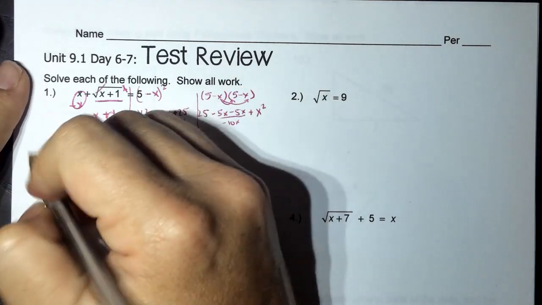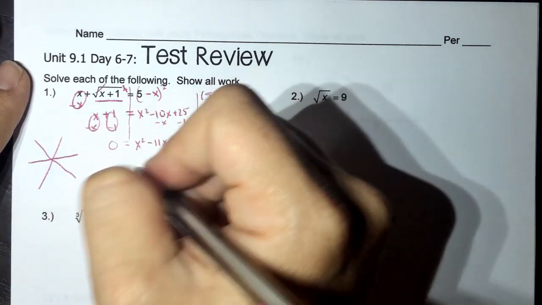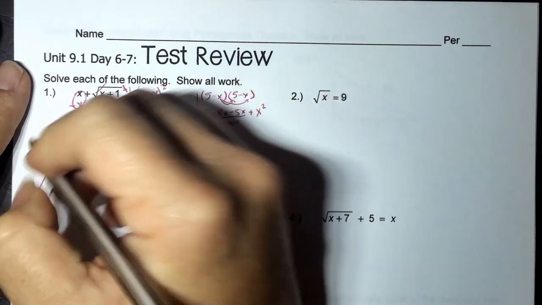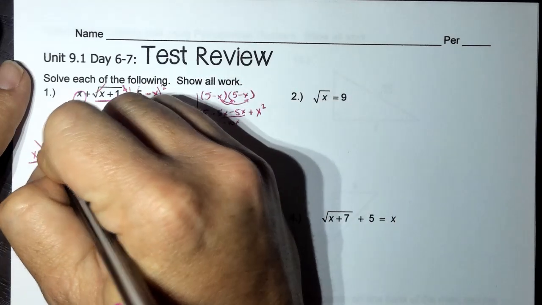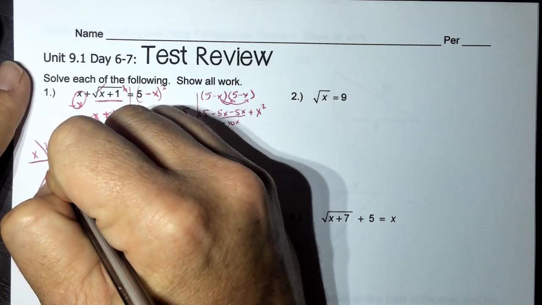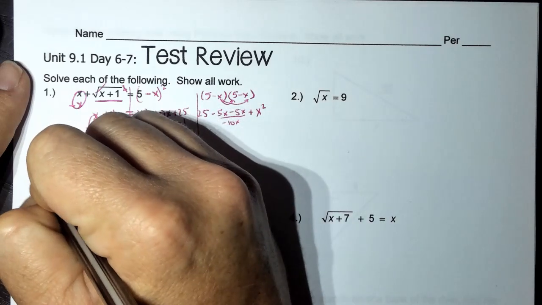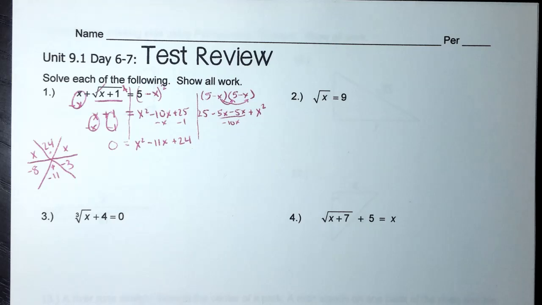So I'm going to go ahead and factor this. And I have b is negative 11, a is x, and then a times c is 24. So it multiplies to give me 24 and adds to give me 11. It's going to be negative 8 and negative 3, because two negatives multiply to give you a positive.